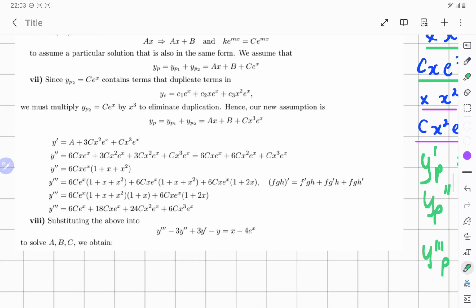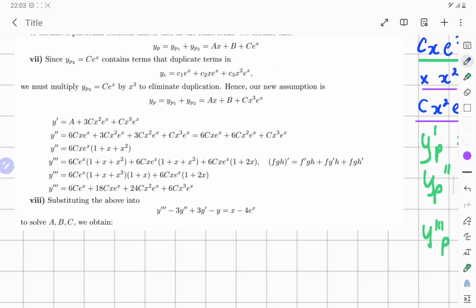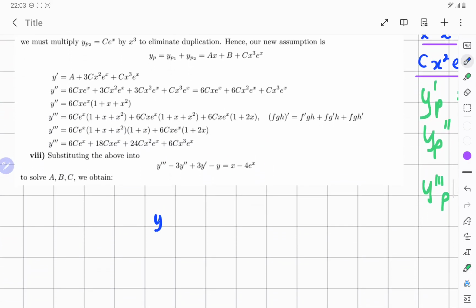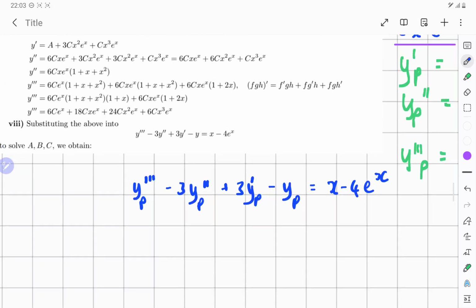So you can either pause now and verify that you get that, or you can check it later. Now what we are going to do, we will substitute our third derivative, second derivative, first derivative, as well as our y into this equation. So in other words, as you can see here, you will do y particular third derivative minus 3 y particular second derivative plus 3 y particular first derivative minus y particular is x minus 4e to the x.